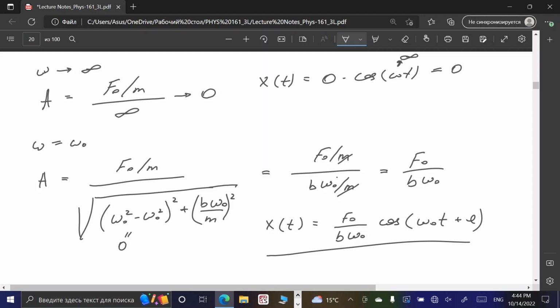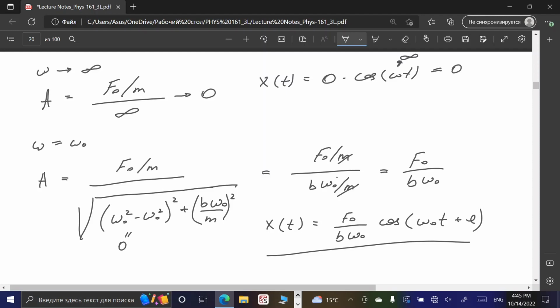If the frequency approaches infinity, then no matter how big the external force exerted is, the system will not oscillate, and moreover, it will not even be displaced from the equilibrium condition, because x will be 0. And of course, the resonant condition, when the frequency of the external driving force coincides with the natural frequency of the system.